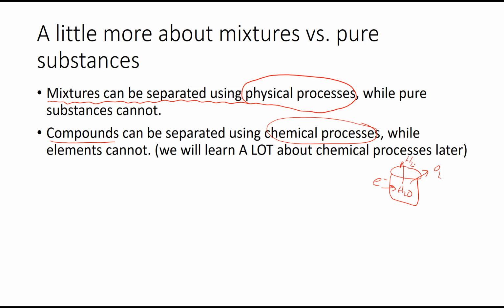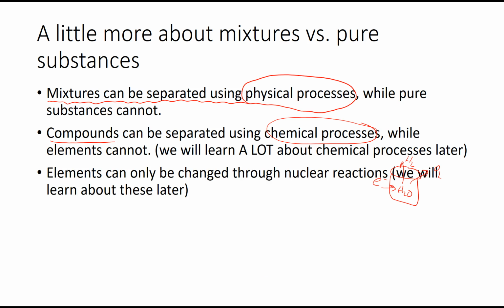In that case, I am separating that water into its constituent elements. But in order to do that, I had to break the bonds, which means I did a chemical reaction, not a physical process.